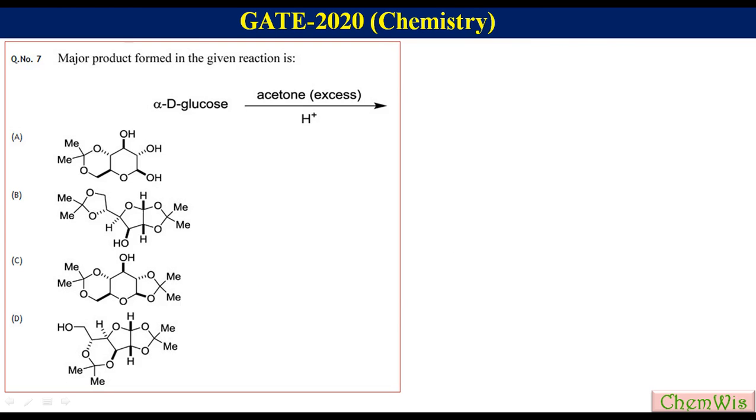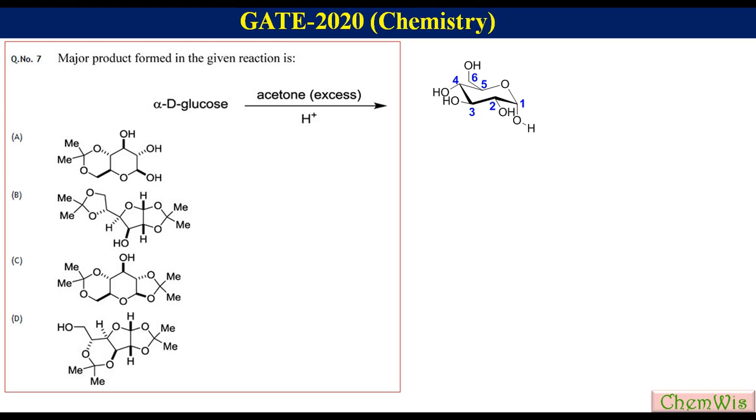Question number 7. In this, we have to find the structure of the major product when alpha-D-glucose is treated with excess acetone under acidic conditions. This is the pyranose form of alpha-D-glucose. Carbon atoms have been labeled for better understanding.